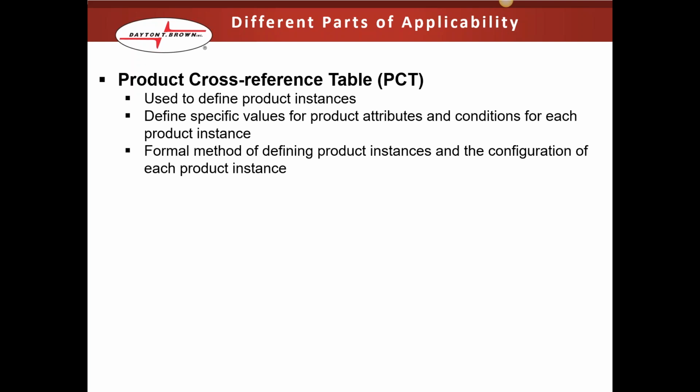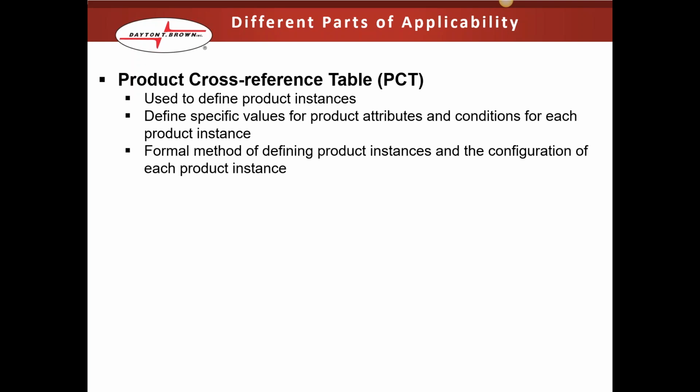So this is where we declare that a particular aircraft with a serial number, which is made up of a make and a model, also has a service bulletin installed. That's the product instance. So this is where we can formally define the configuration of each instance and define what it is. Okay, so that's the PCT. This is the thing that brings it all together.